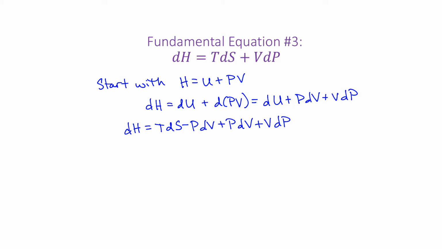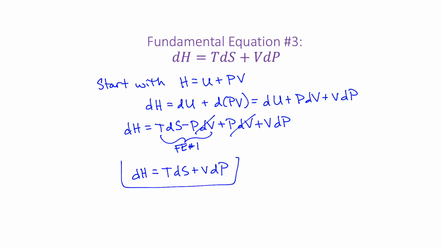Okay, so again, this is from our fundamental equation number 1. Okay, so looking at this, we can do a little crossing out, so we can get rid of that, and we end up with dH equals TdS plus V dP, which is our fundamental equation number 3 that we were going for.